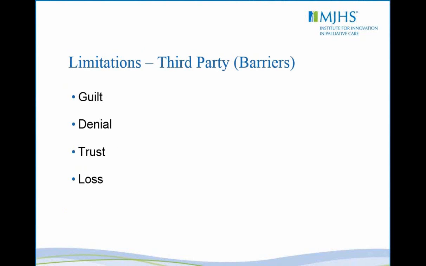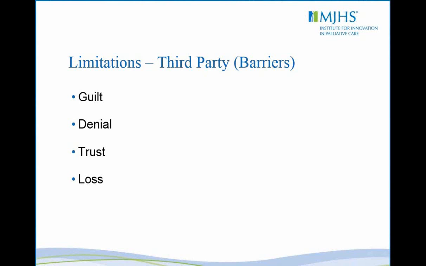The third party, the barriers that can sometimes be helpful or not, will be the third party or the family, either when we talk about patients lacking capacity and they help us to make the consent, or simply when they are accompanying the patient and are there to help us sort things out and get a better consent. They also have their own guilt, denial, trust, or loss.